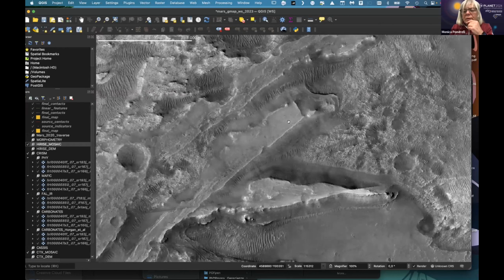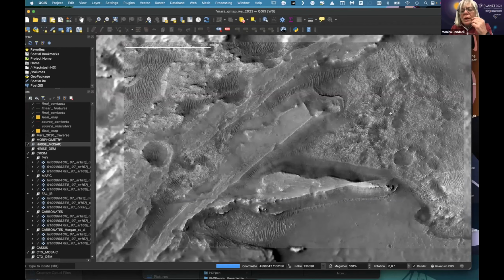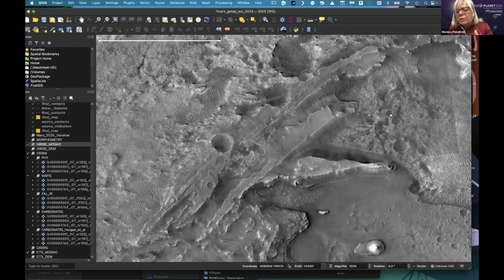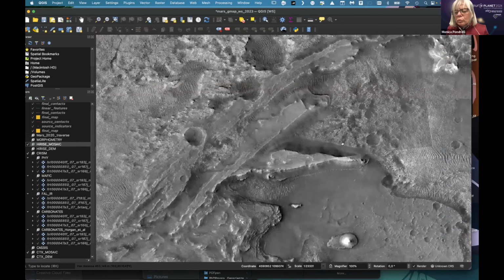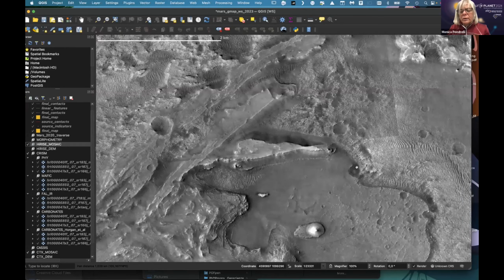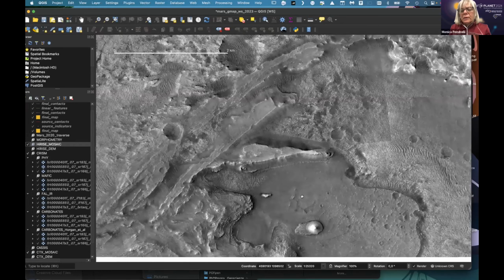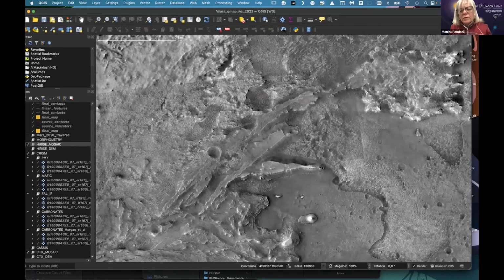We have the fan, unit D, unit C. So which are the stratigraphic relations between these units? This is something that it's important to try to figure out during the mapping exercise, so to say.